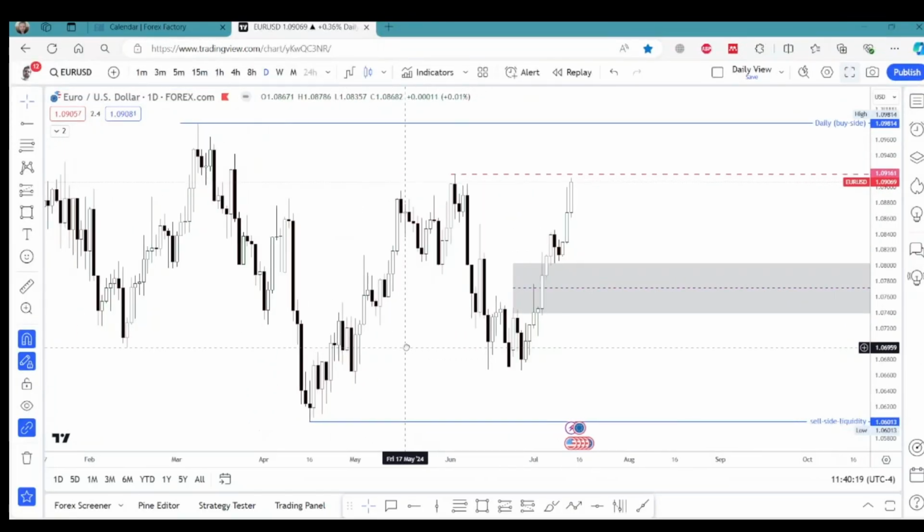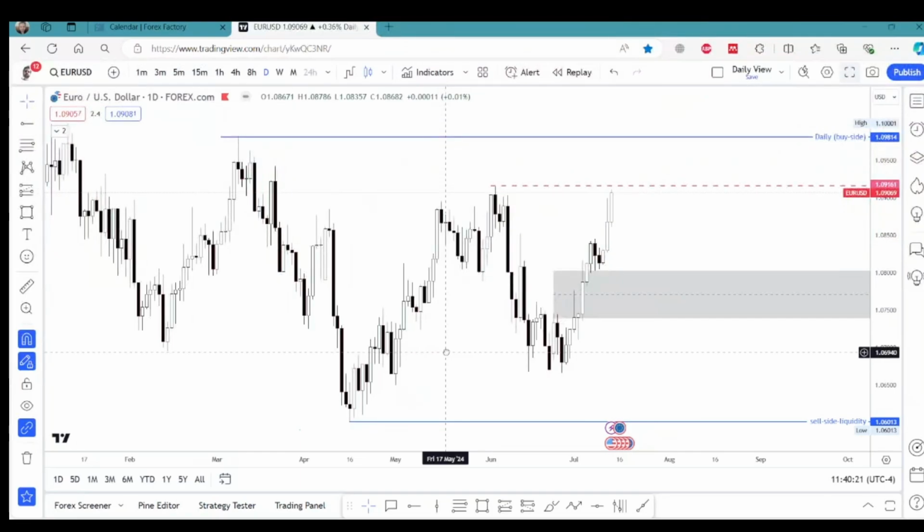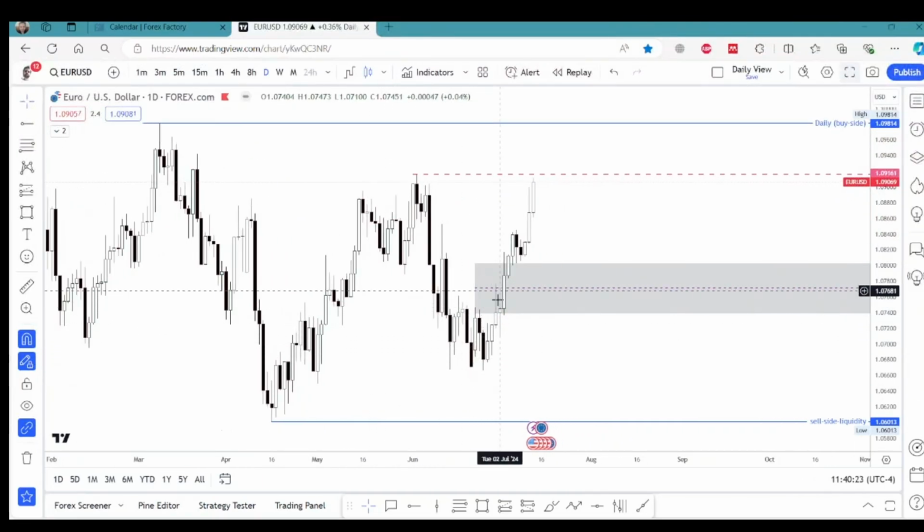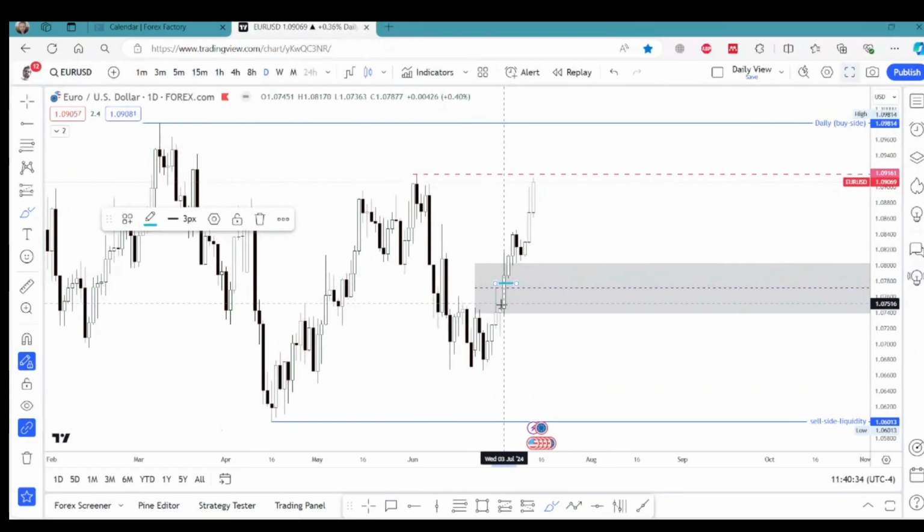Okay, so as I told you in last time's video, this is exactly the wick that I want the price to come down and touch, but it didn't do it last week.